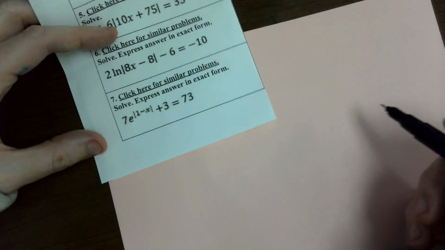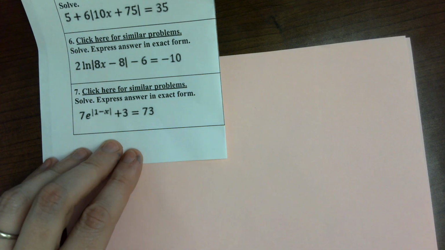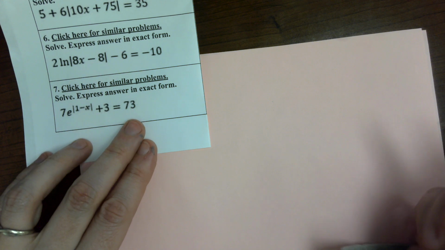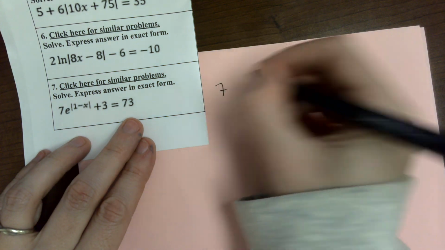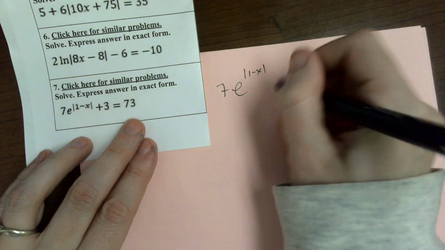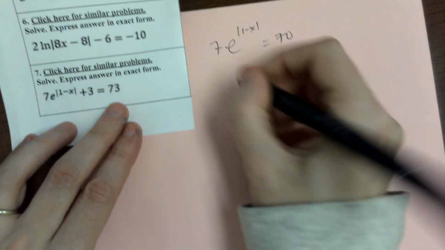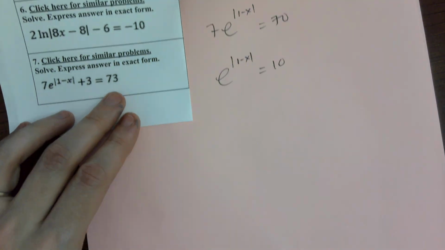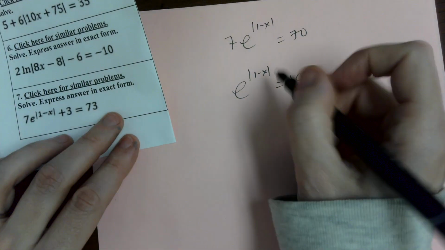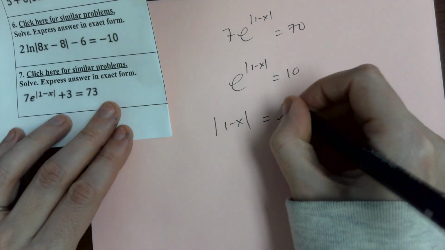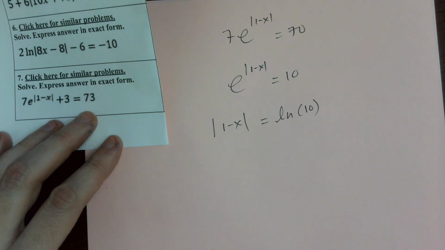So we're going to solve it like we would any other exponential equation, and then we're going to have to do the absolute value thing, the plus or minus move. So 7, I'm going to subtract 3 from both sides, and then divide by 7. Okay. Alrighty, and then the absolute value of 1 minus x is equal to natural log of 10.